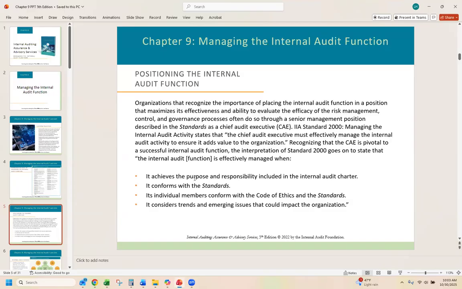Down here at the bottom talks about the different ways that an internal audit group should be set up in order to be effective. If we look at them, it achieves the responsibility included in the internal audit charter, which we're going to talk about in a minute, and conforms with the standards.